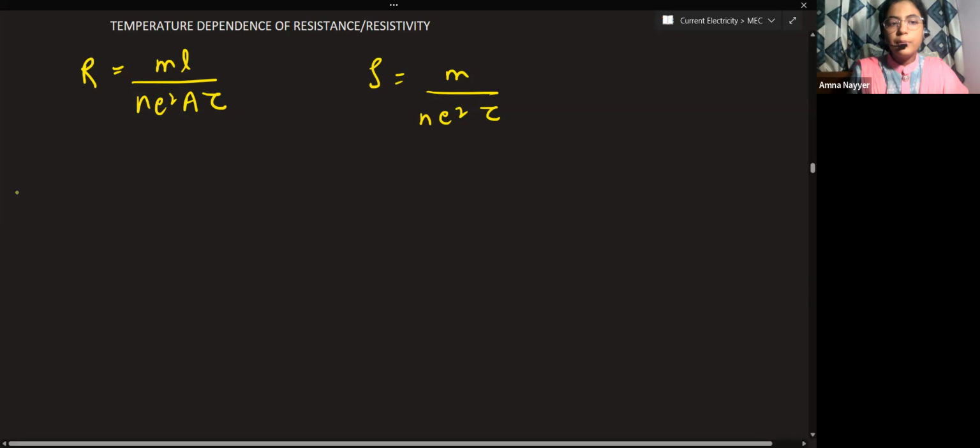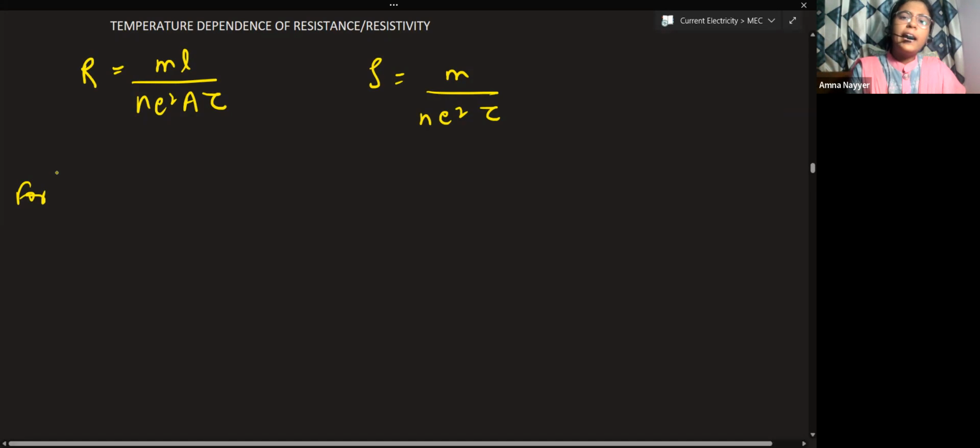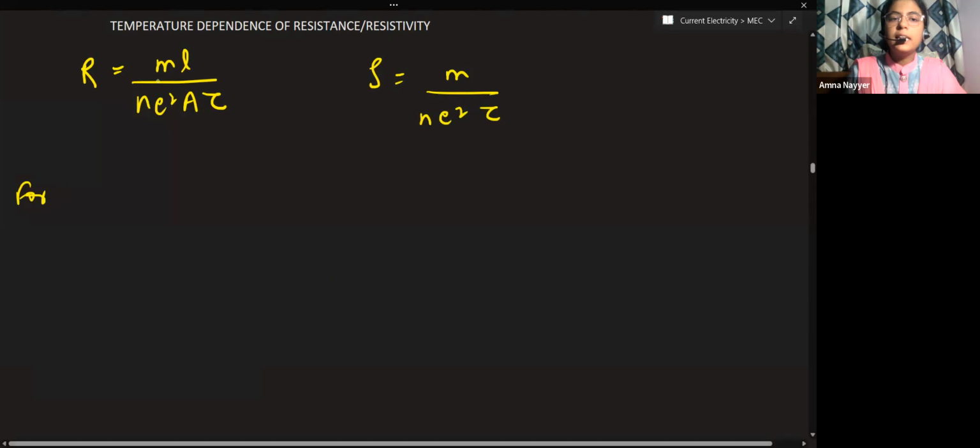So what happens for a certain temperature range that you have, length and area do not get affected because of it. There is not such a significant change in either length or area. That's why whatever the changes in temperature, in the same manner that it affects resistance, it will affect resistivity. See, if I tell you there's a difference between resistance and resistivity, you can easily say L by A is the only difference.